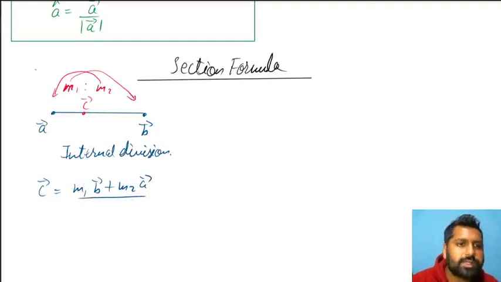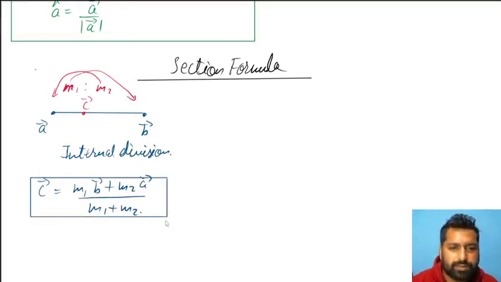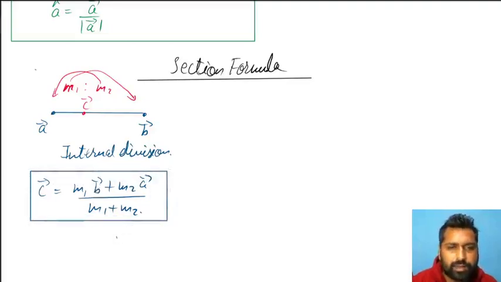M1, M2 are numbers. So upon M1 plus M2. You may be able to recall this with the x coordinate, M1 x2 plus M2 x1, something like this. Again, try to relate it, it's easier that way.